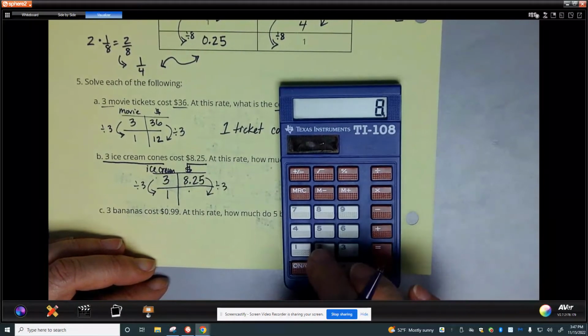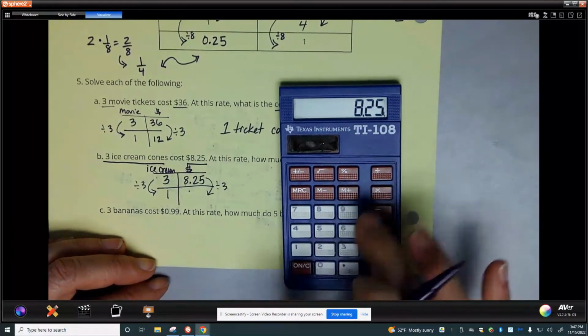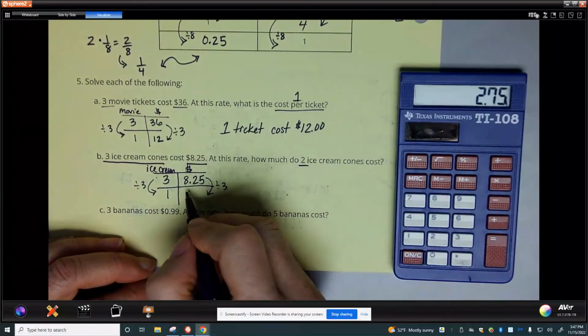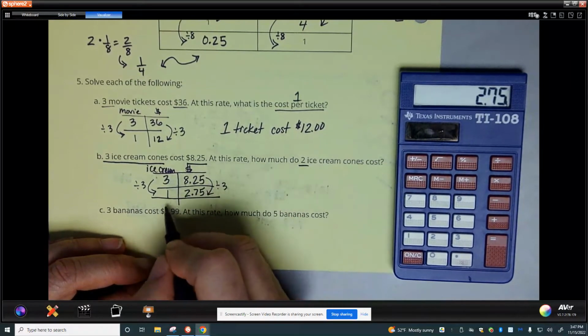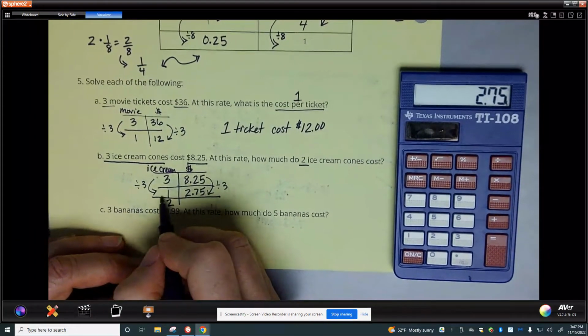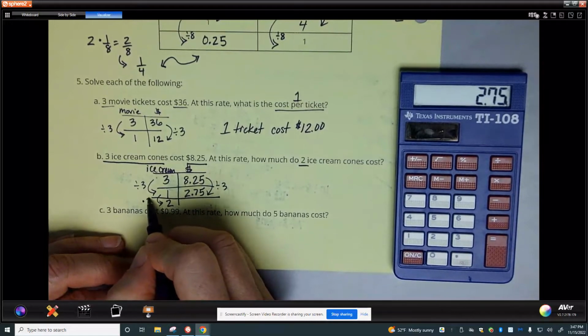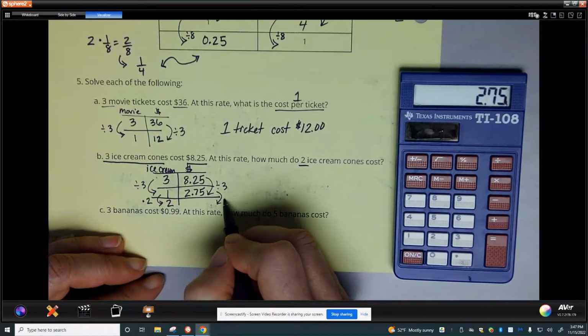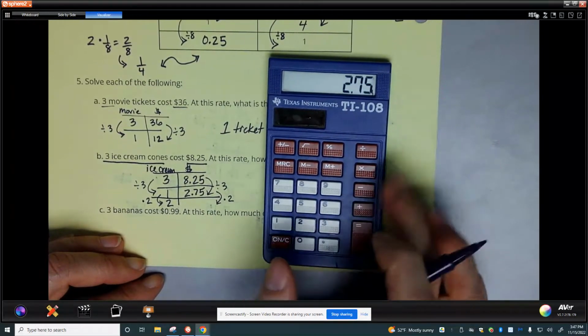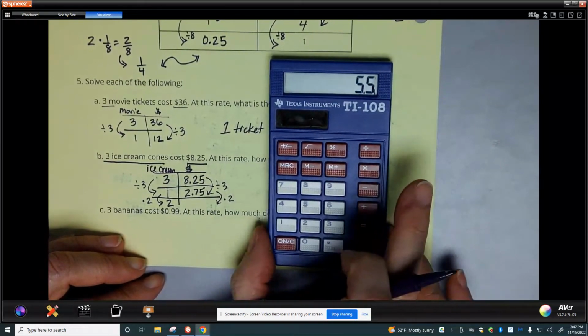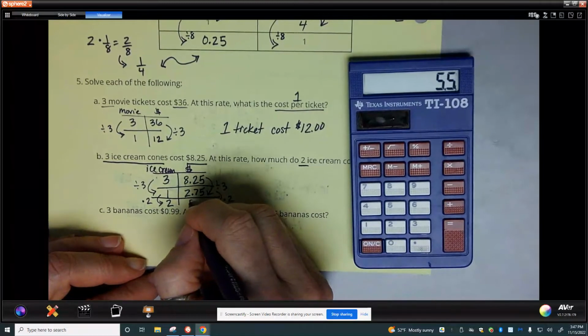So $8.25 divided by 3 is $2.75. And then to get 2 ice creams, I'm going to double that, which means multiply by 2. $2.75 times 2 is 5.5.